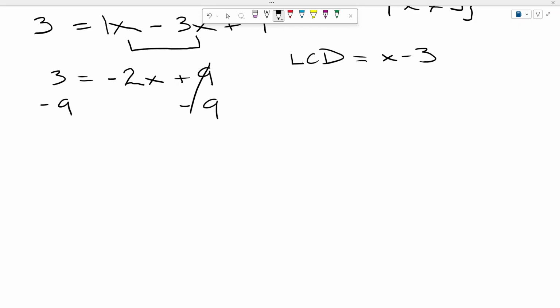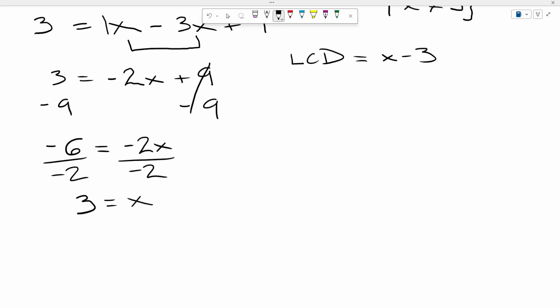All right, so that cancels out, and 3 minus 9 will get us to negative 6, and then negative 2x. And we can isolate the x, final step, divide by negative 2, divide by negative 2. So we have x equal to negative 6 divided by negative 2, so we'll have a positive. Looks like a positive 3.